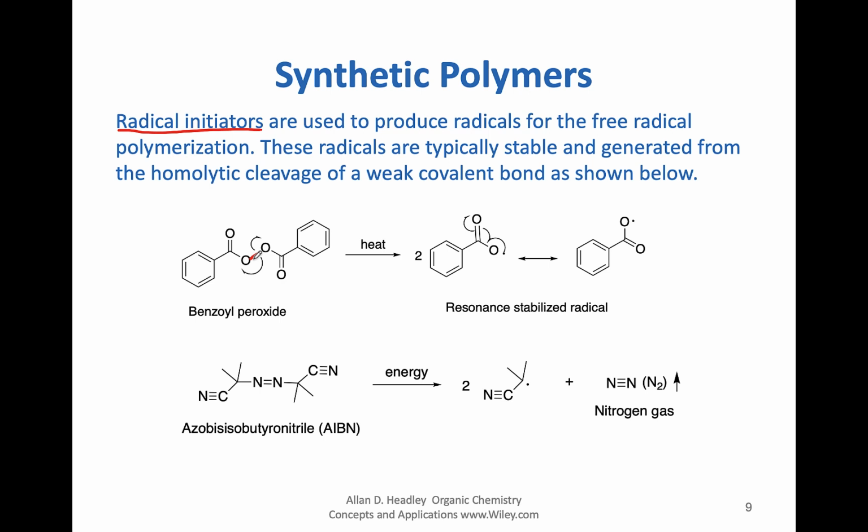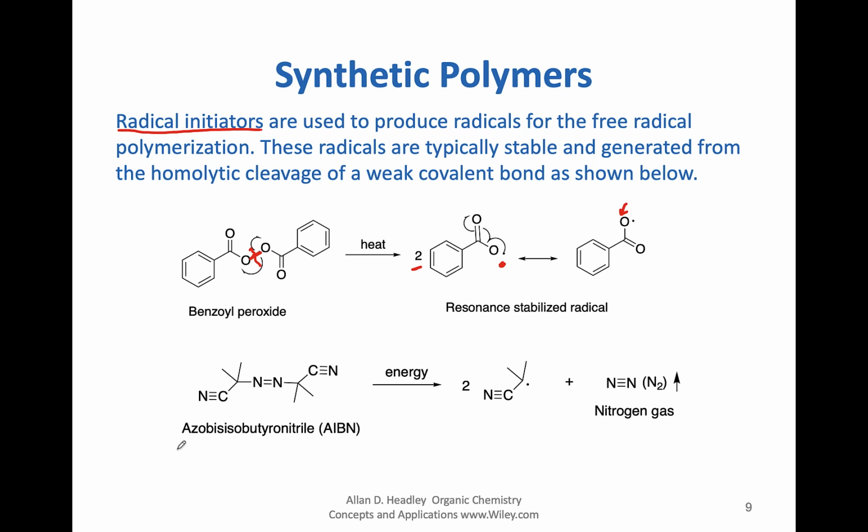So when it breaks, there is a homolytic cleavage of this bond here, putting one electron on the oxygen, and we have two radicals. As you can see here, it's pretty stable because we can draw a resonance structure, putting this radical onto this oxygen over here. So this is the radical initiator that now reacts with the monomers to form the polymers.